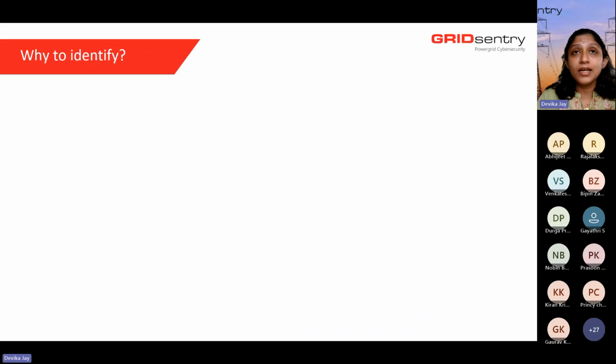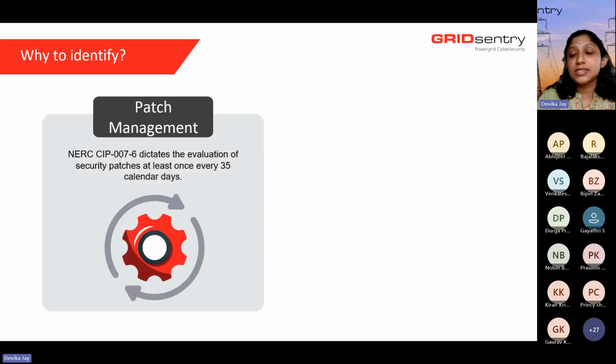So we understand that we have to identify your network, you have to identify your cyber assets. But is that something hypothetical? Not really. Why? Because there is this standard called NERC-CIP, which has come from the US, the North American Electric Reliability Corporation, and it's on critical infrastructure.